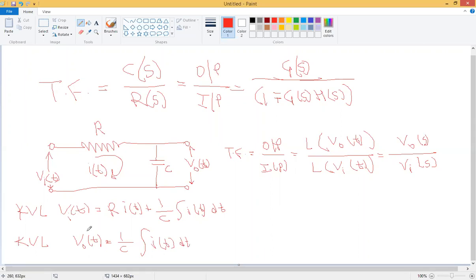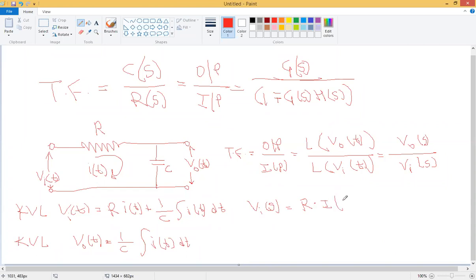So you have got two equations, one for input, one for output. When you take Laplace of equation number 1, Vi of t becomes Vi of s, because Vi of t is in time domain, it will go into Laplace domain. R as it is.